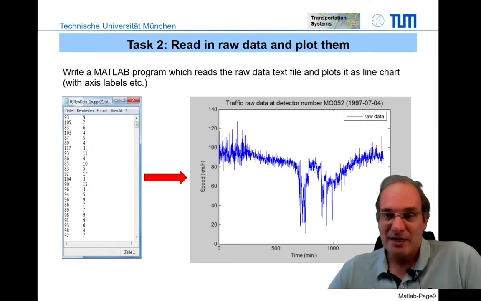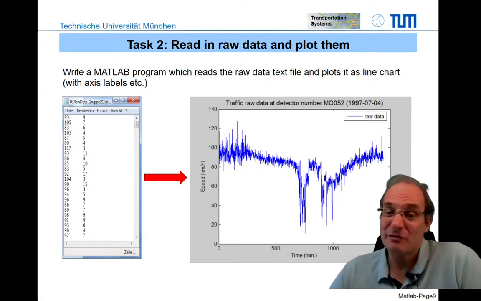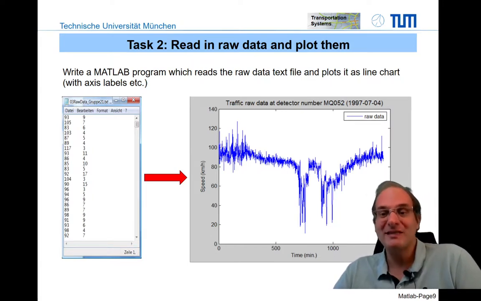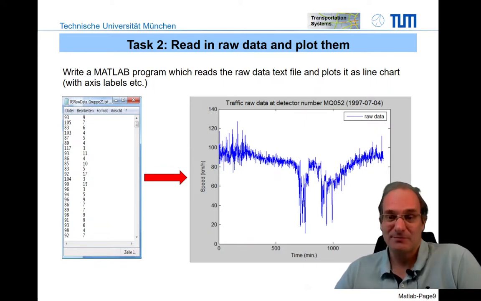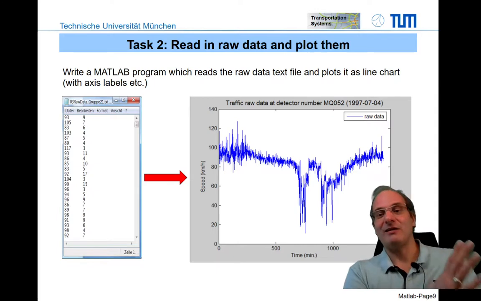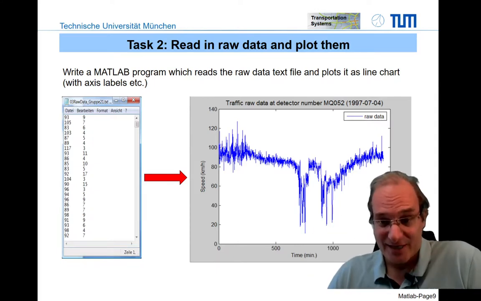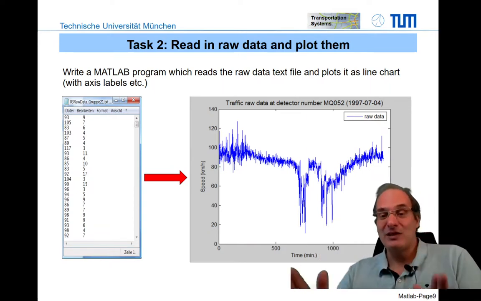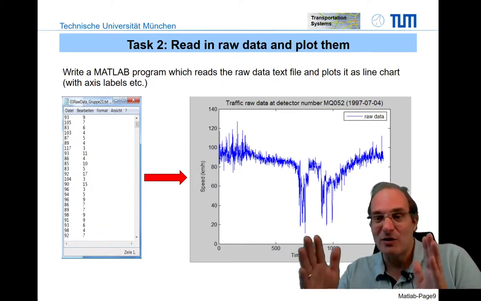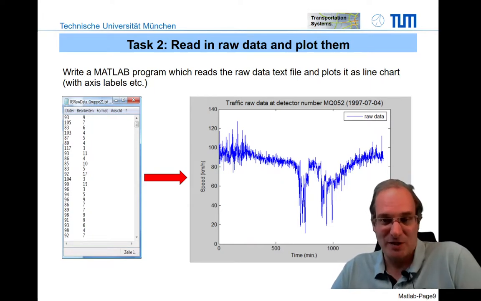So each line is 1 minute, so you should have 1440 lines, because 1440 lines means 1440 minutes. We start with minute 0, so you should have a value from 0 to 1439, and then you will have 1 day, because 1 day has 1440 minutes.